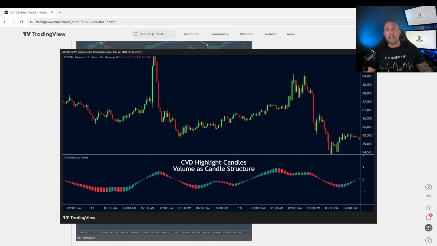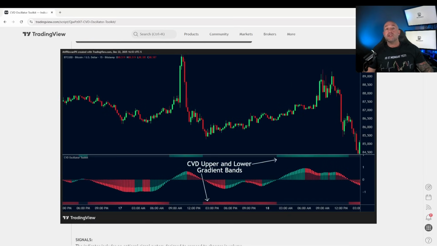Larger candle bodies indicate stronger and more sustained volume pressure, while smaller bodies reflect indecision, balance, or transitional phases. The sequences of candles with consistent coloring help visualize directional continuity in pressure flow, making it easier to distinguish persistent pressure from short-lived fluctuations.